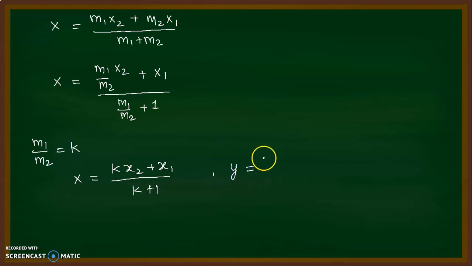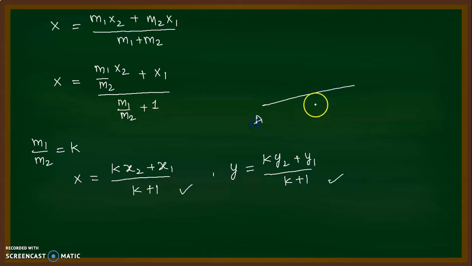The formula for y will be equal to ky2 plus y1 divided by k plus 1. So this is another section formula. Suppose the line AB is divided by point C in the ratio of k is to 1. So here we can use this formula: x equal to kx2 plus x1 divided by k plus 1 and y equal to ky2 plus y1 divided by k plus 1.